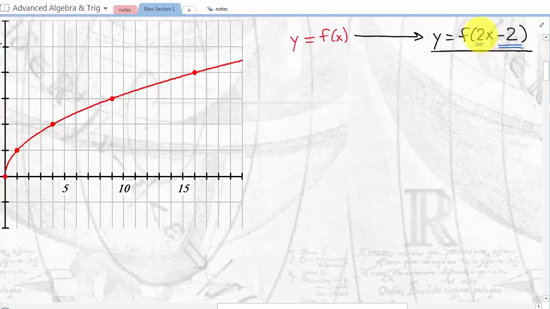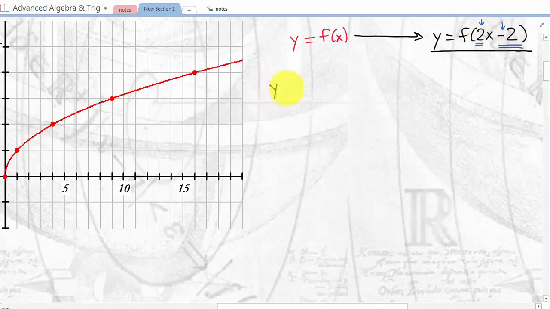You remember, s is above 1, that's a compression. On the x, it's always counterintuitive. The minus right here would want to make you move left, but you have to move right. The 2 right here would want to make you multiply the x by 2, but actually you divide them by 2. It's a compression.